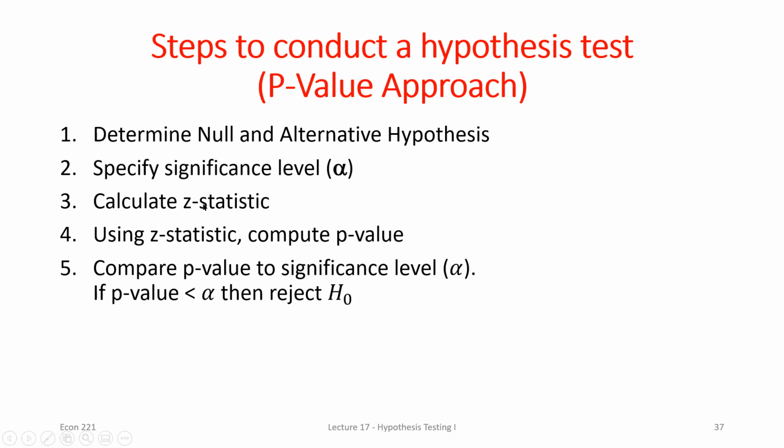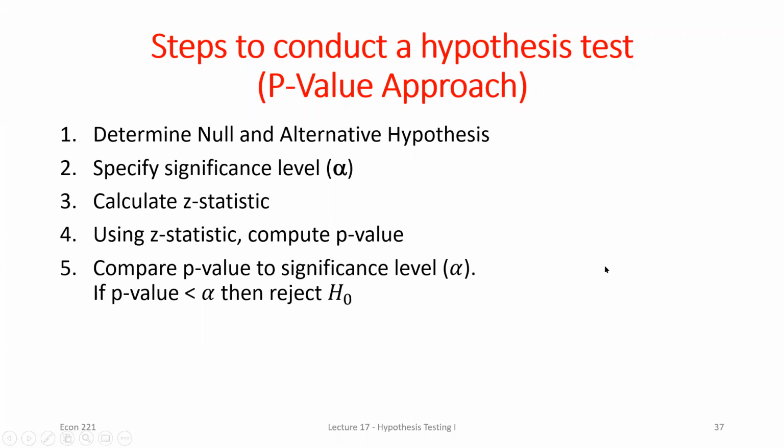Then, we can calculate our z-statistic. We already talked about that. Once I have my z-statistic, that's how I find that p-value. Now, the last step is I compare that p-value to alpha. So alpha is the threshold for anything that has a probability below this. I'm okay rejecting the null hypothesis, right?